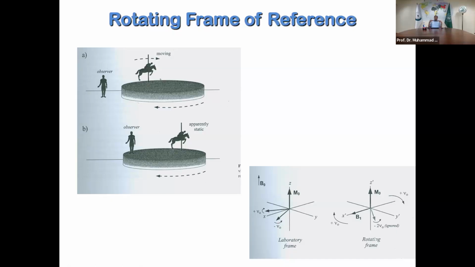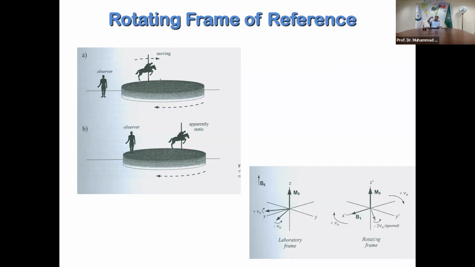If you are standing in a field and you see the trains moving in front of you, and the speed of one of them is 300, the other one is 301, you see them just moving forward.